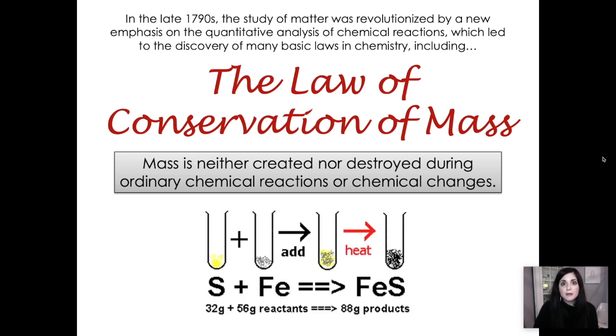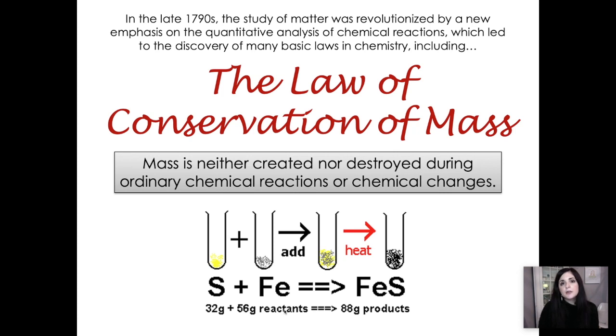So here's a very basic picture. In this case, we have sulfur, that's in this first test tube right here, reacting with iron. And it looks like I have 32 grams of sulfur that's reacting with 56 grams of iron. Those are my reactants.